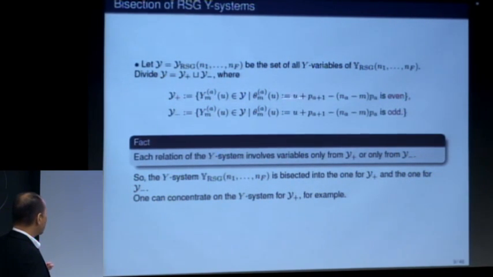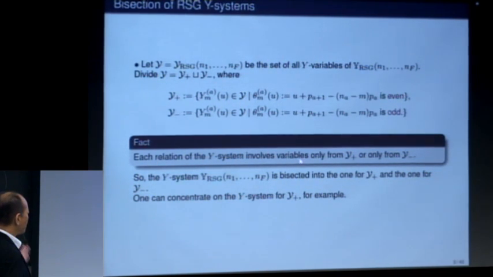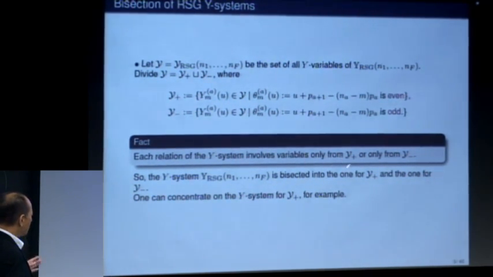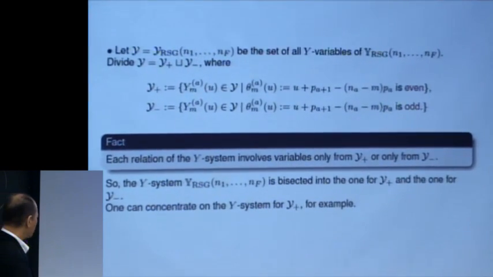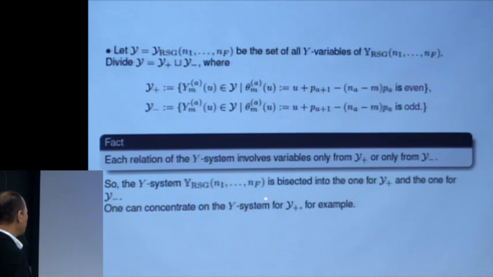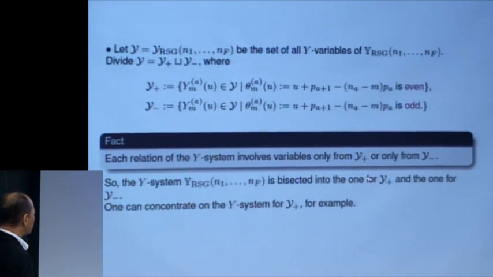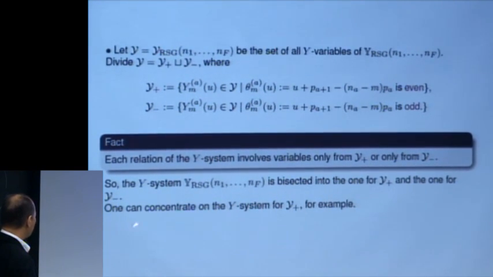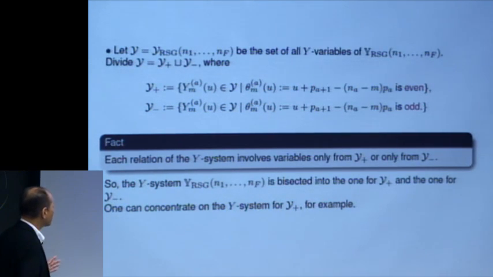We may call this the parity of the variable, whether it is even or odd. It is not difficult to see that each relation of the Y system involves variables only from Y plus or only from Y minus. So you can safely separate these into two parts. The Y system is bisected into the one for Y plus and the one for Y minus. Especially, one can concentrate on the Y system for Y plus, for example.